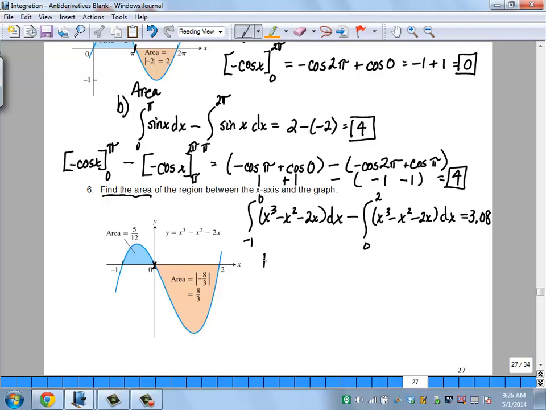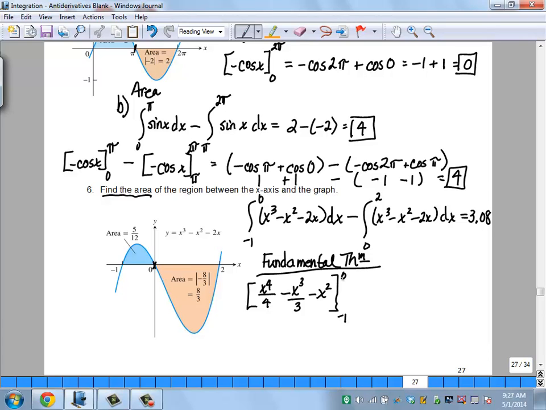So we're going to use the fundamental theorem of calculus to see if we get the same answer. So I'm going to set it up, and I'm going to do it in pieces. So if I do the antiderivative of x cubed, I get x to the 4th over 4 minus x cubed over 3, there's my other antiderivative, minus x squared, and we're going to evaluate that from negative 1 to 0.